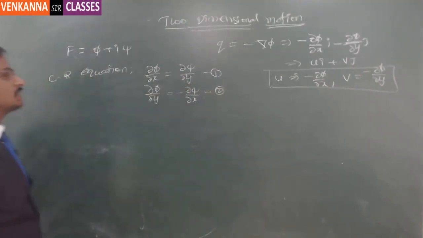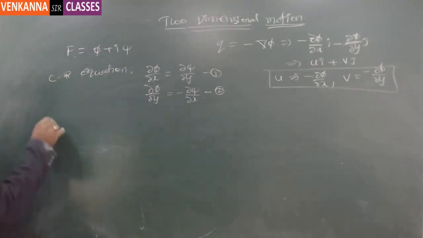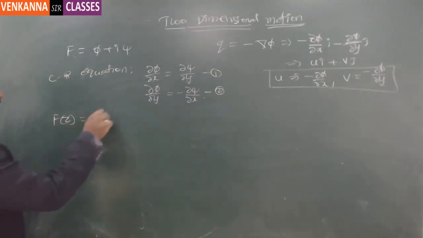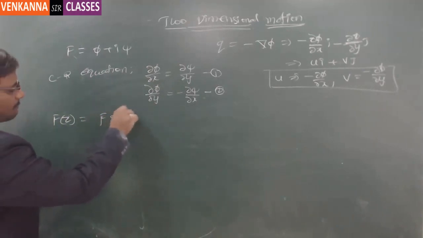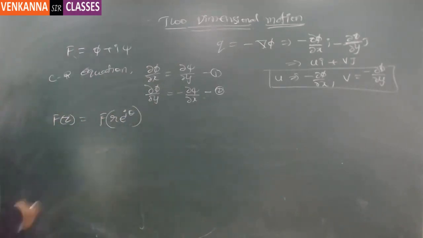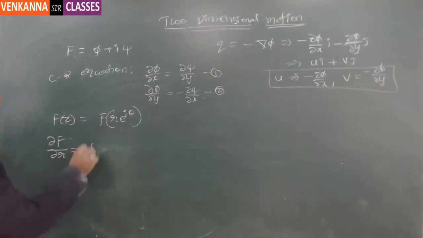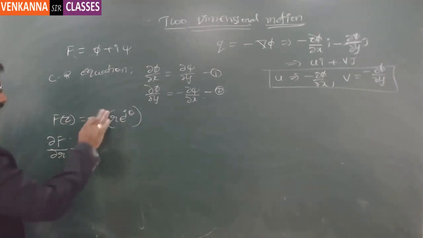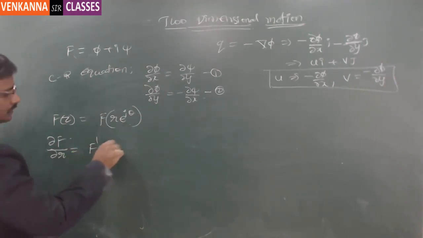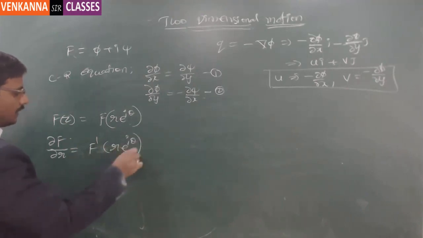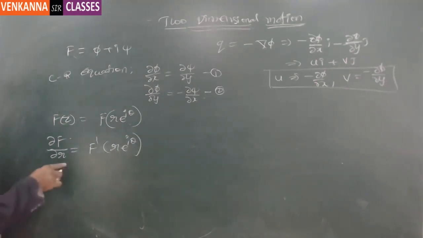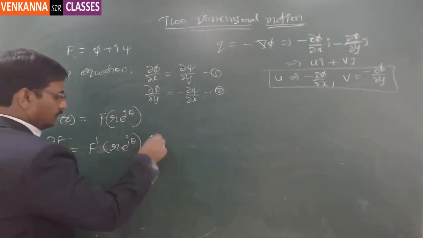And the same is the case for the complex form also. So f of z can be written as f of r e power i theta. Now if you take the derivative, dou f by dou r is f dash of r e power i theta, times the derivative of the inner function with respect to r, which is e power i theta.